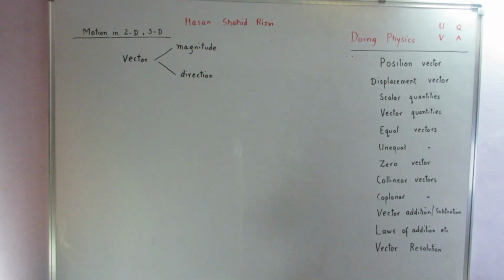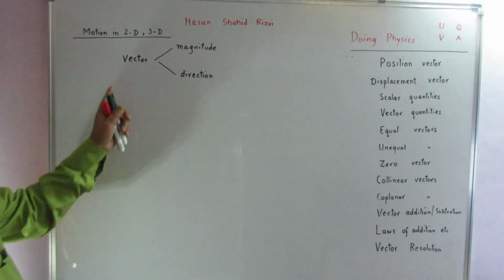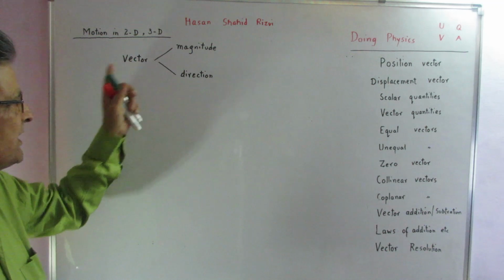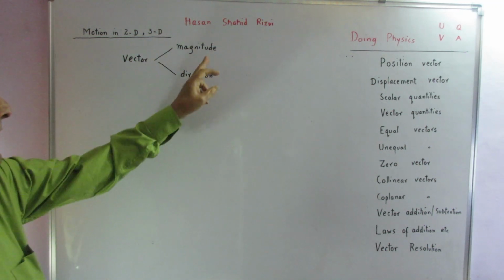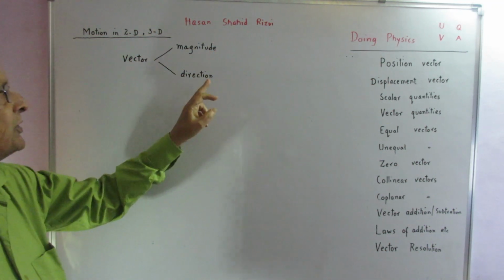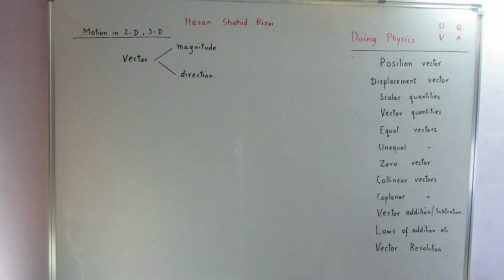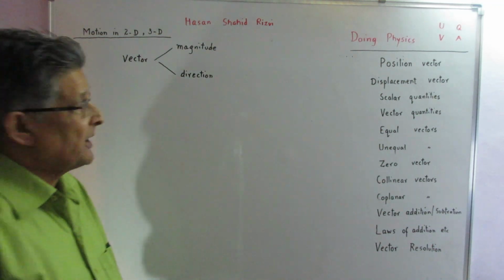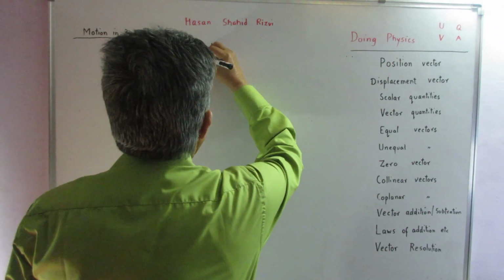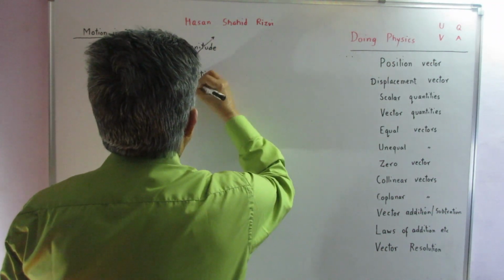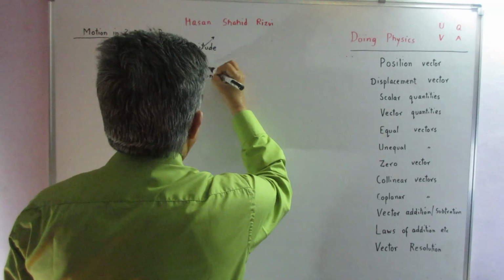So one thing we can say is that we have to specify a vector by its magnitude and also its direction. Now the magnitude can be changed. The magnitude can be made variable and the direction can also change.